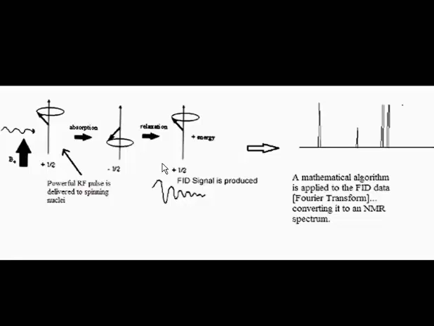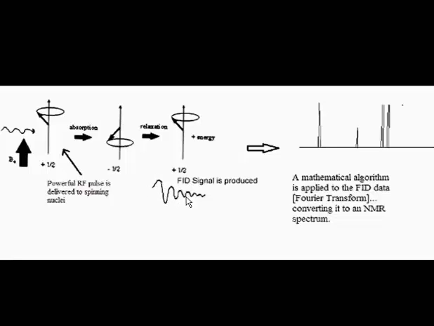Now, the NMR spectrometer records the combined radiation signals of all the relaxing nuclei over time. This combined radiation signal over time is called the free induction decay, or FID, signal.